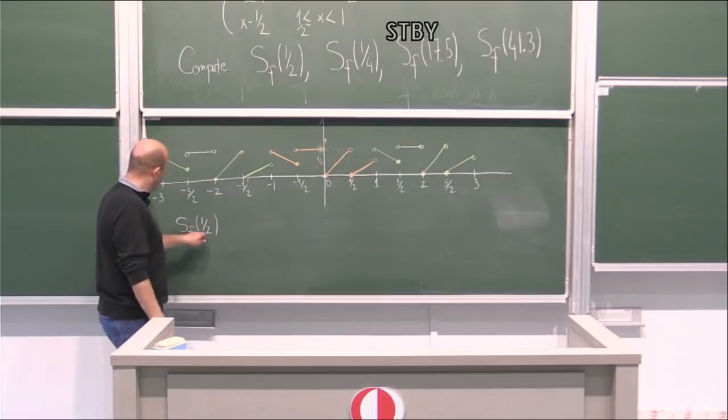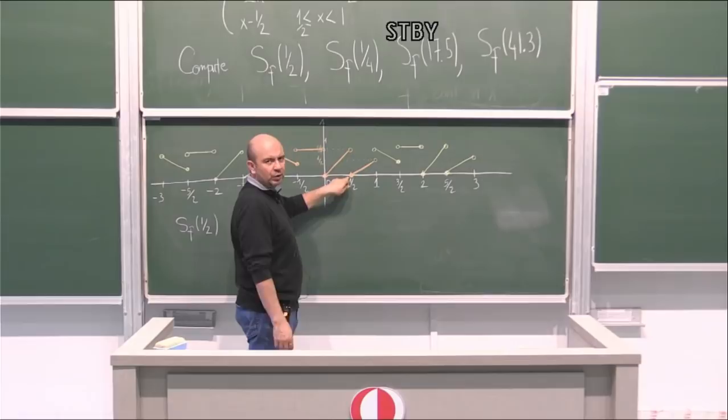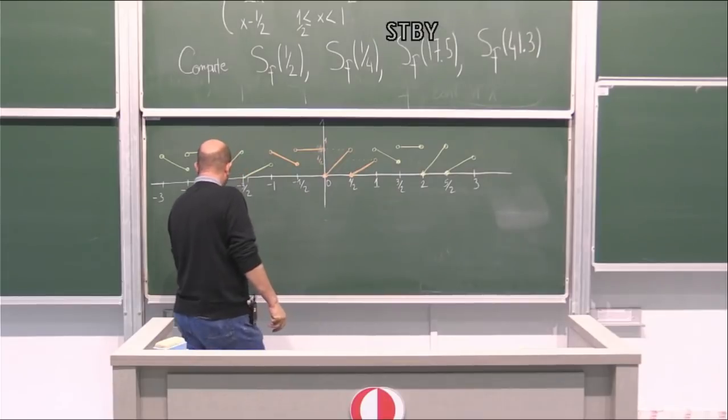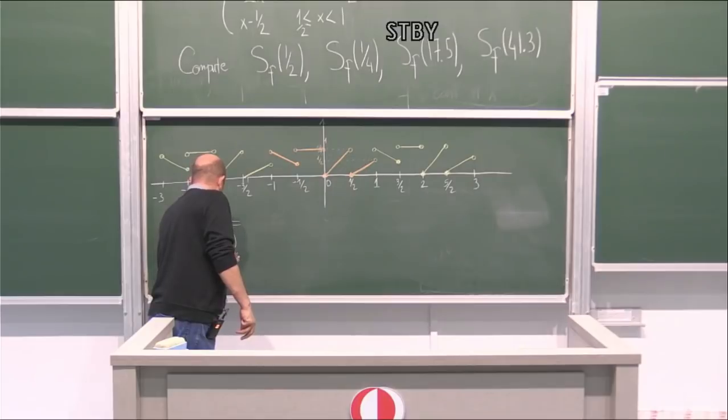So now I look at the 1/2. So 1/2 is here. Is it a continuous point? No. So that means that I have to look at the right limit and left limit and take their average. So this is my explanation. 1/2 is this discontinuous point.